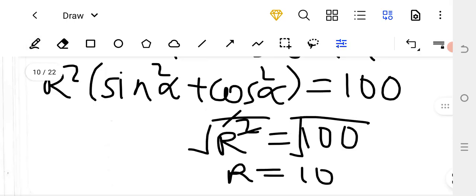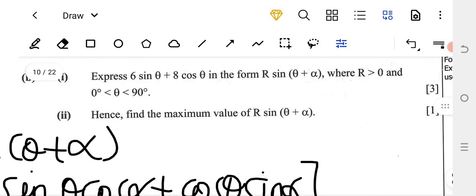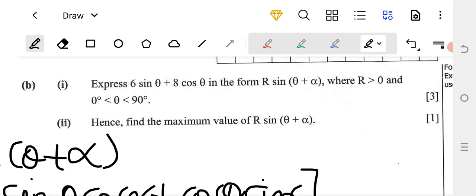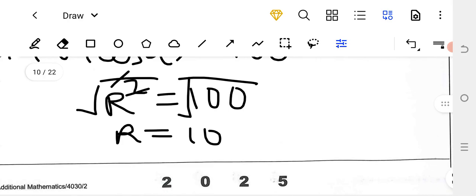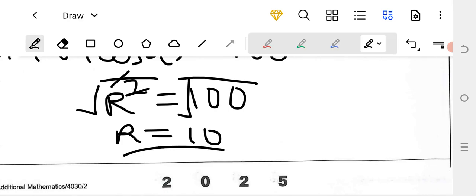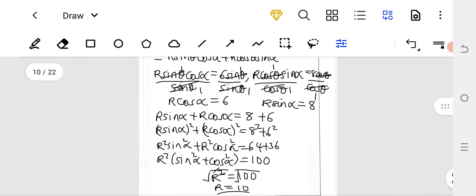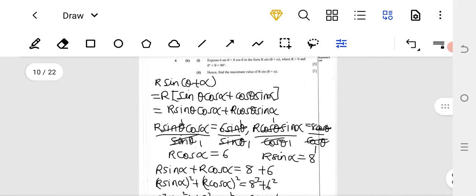Someone might be wondering, why are we not saying plus or minus? Simply because I said r is greater than 0. So we know that our r is equal to 10 there. So now we need to find the value of alpha. So this is the working that we have done.